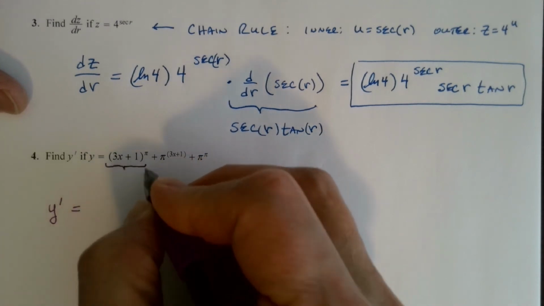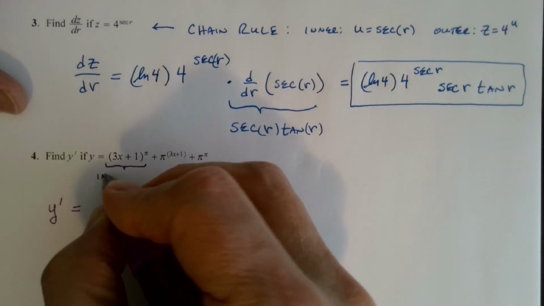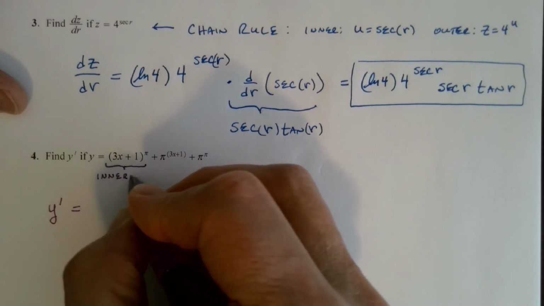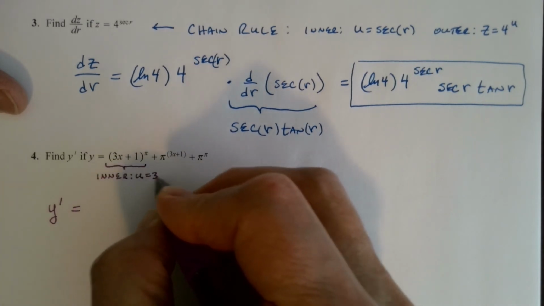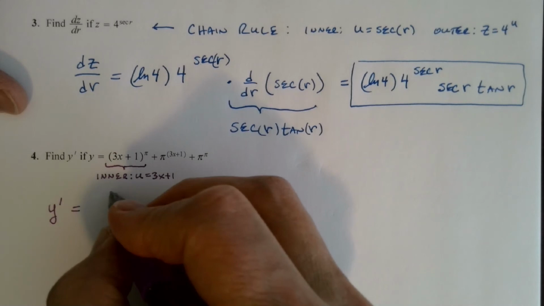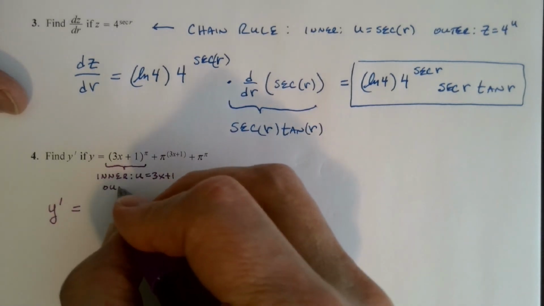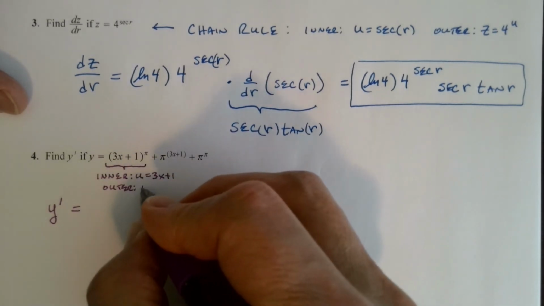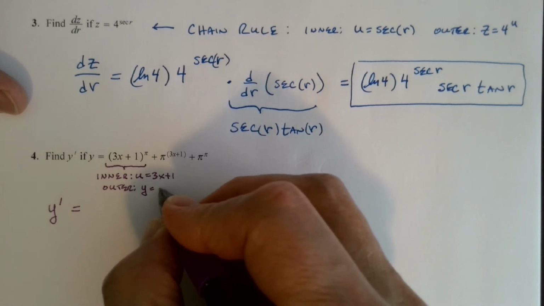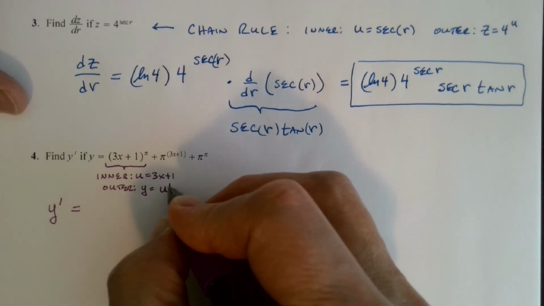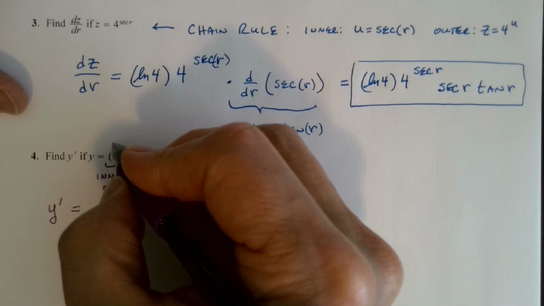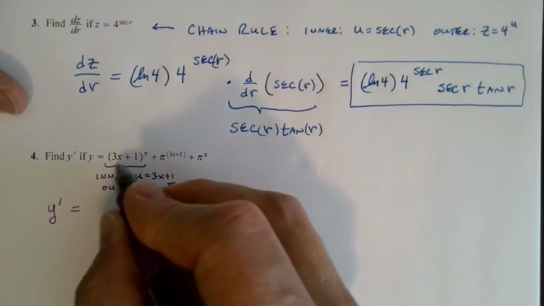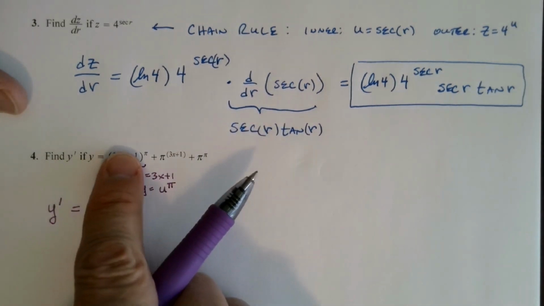So on this one we got a chain rule, right? The inner function is u equals 3x plus 1, and the outer is y equals u to the pi. So it's chain rule. Observe the outer function u to the pi is what? Bring the pi down.